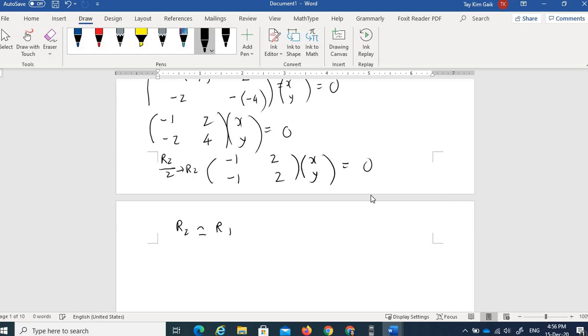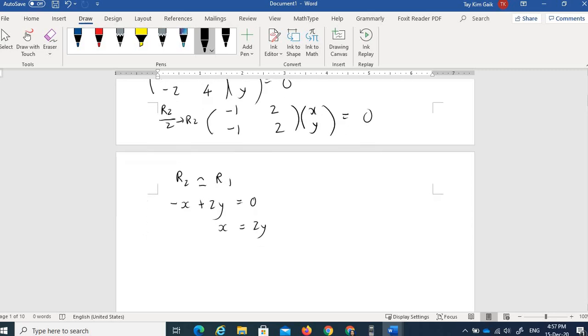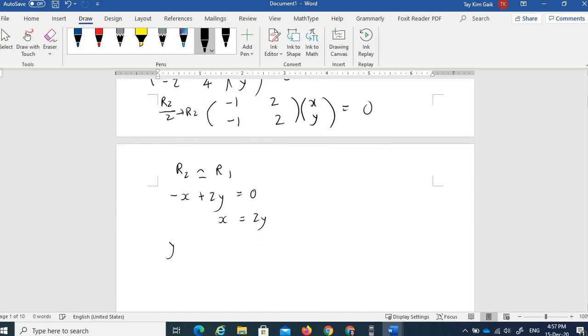That's why I said if you face difficulty reducing it, just pick any row. Once okay, you have negative x plus 2y equal to 0, which means x equal to 2y. Then you let y equal to s. Let y equal to s. Okay.